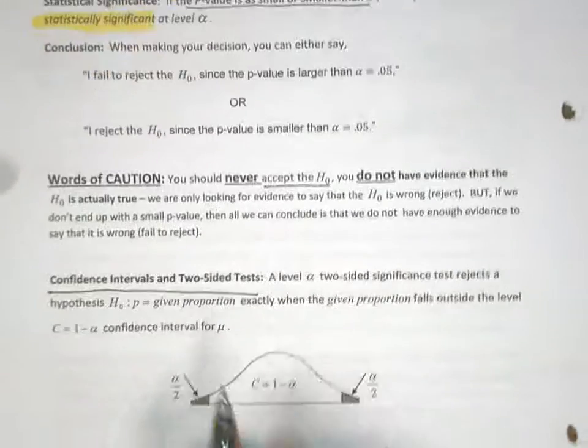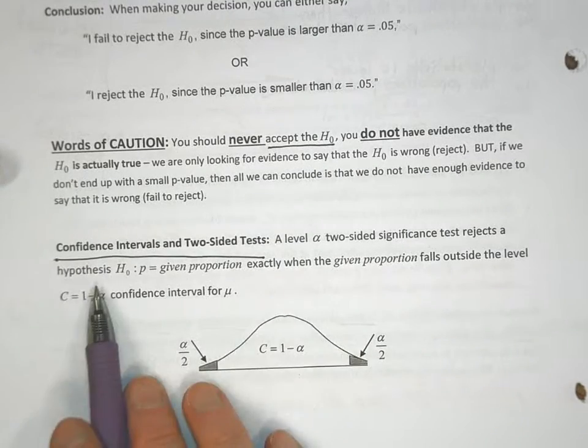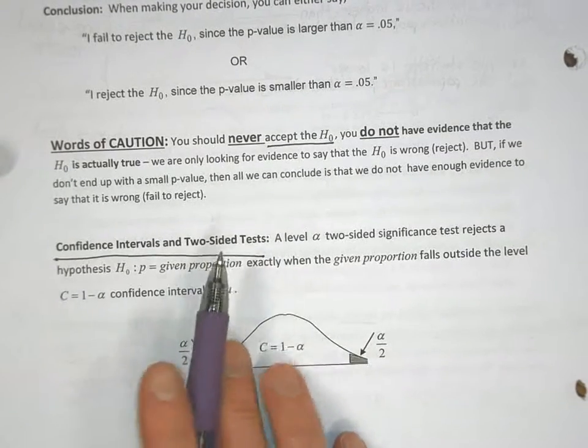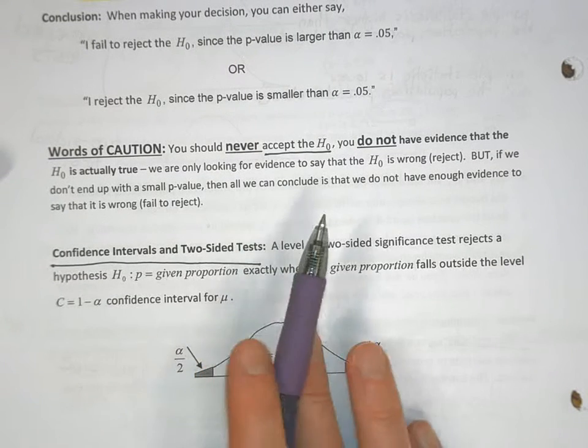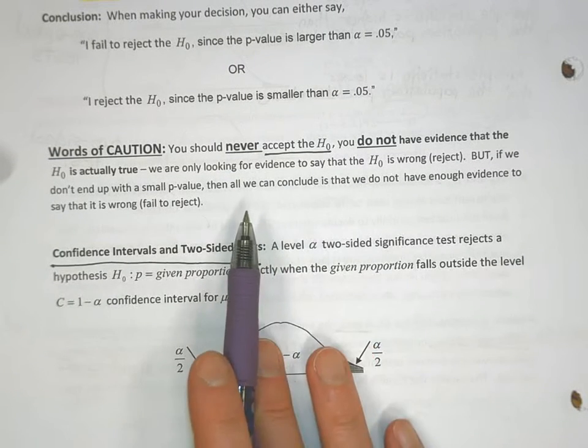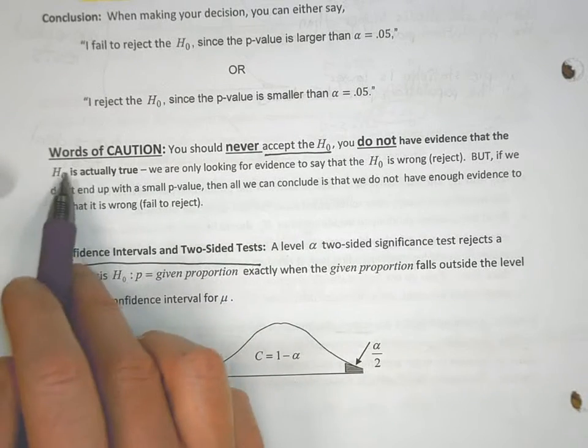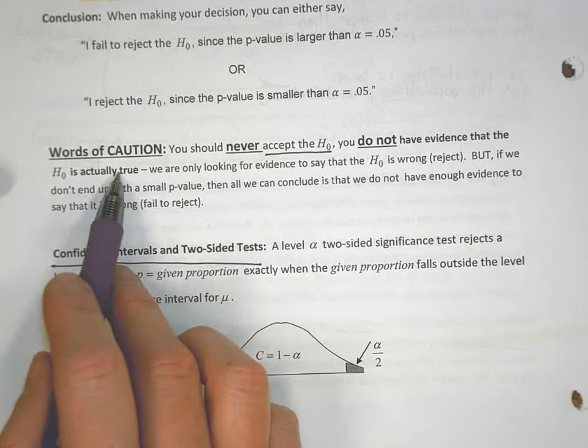All right, so remember that when we do the hypothesis test, the significance test, we're never going to be able to prove that the null hypothesis is actually true.